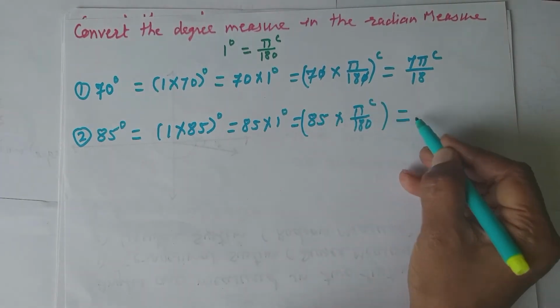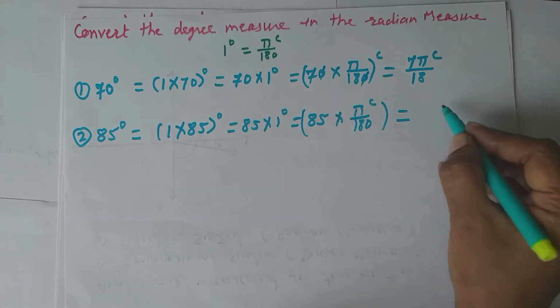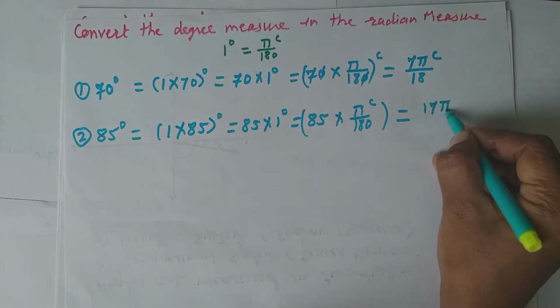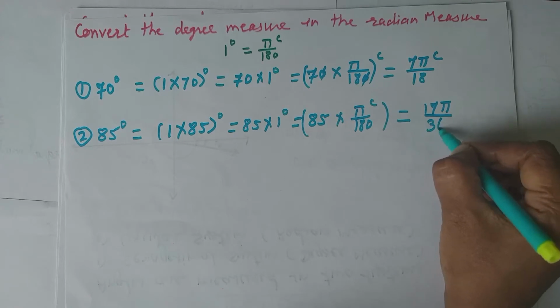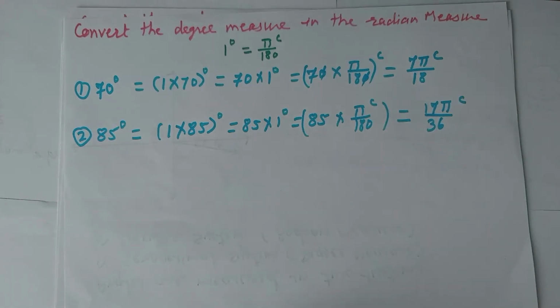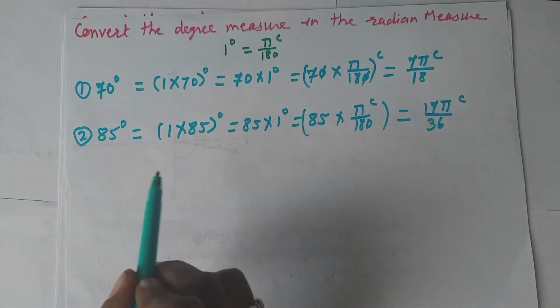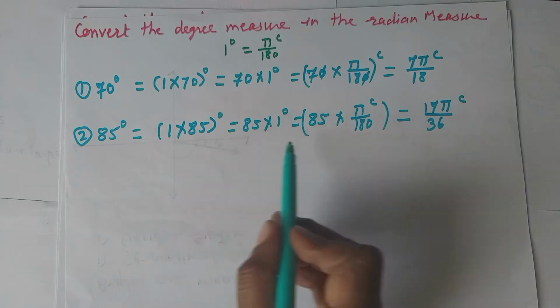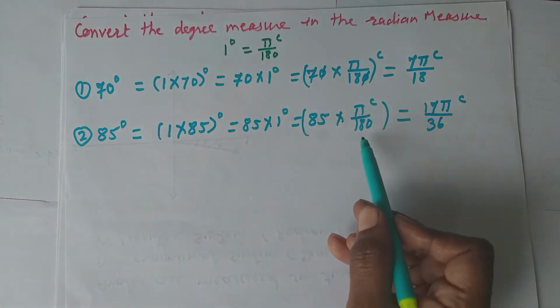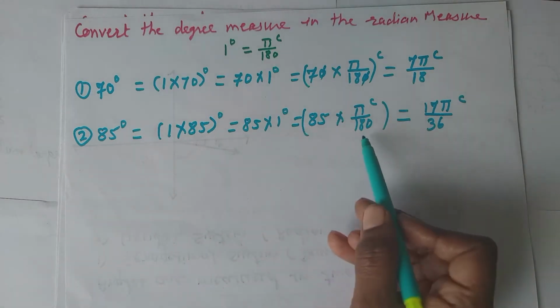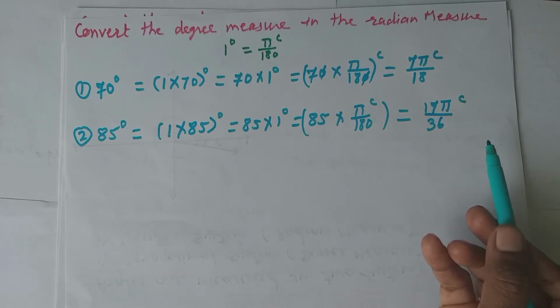And simplify this. After simplification, this will be 17 pi divided by 36 radians. In this way, you write down 1 in the multiplication of that angle and write down the value of 1 degree, that is pi divided by 180, and the angle will get converted into radians.